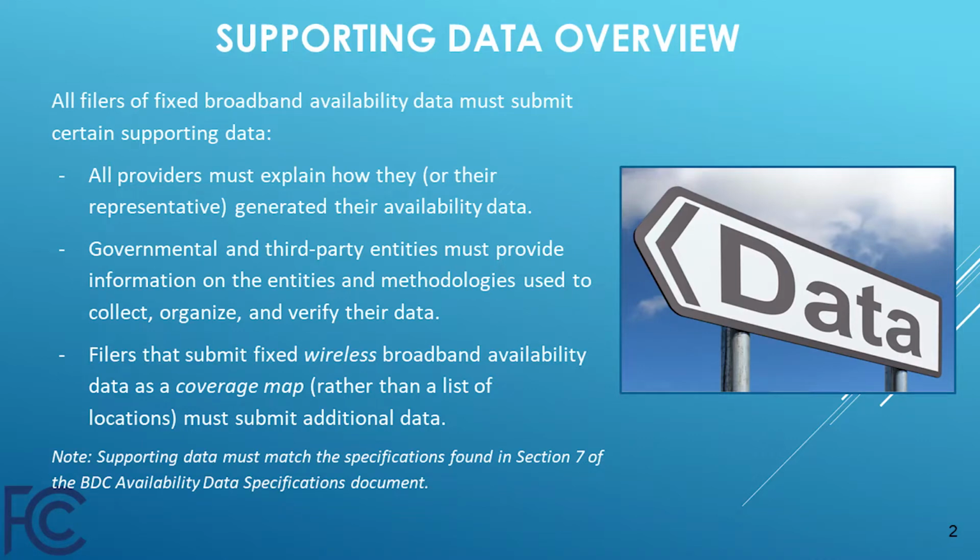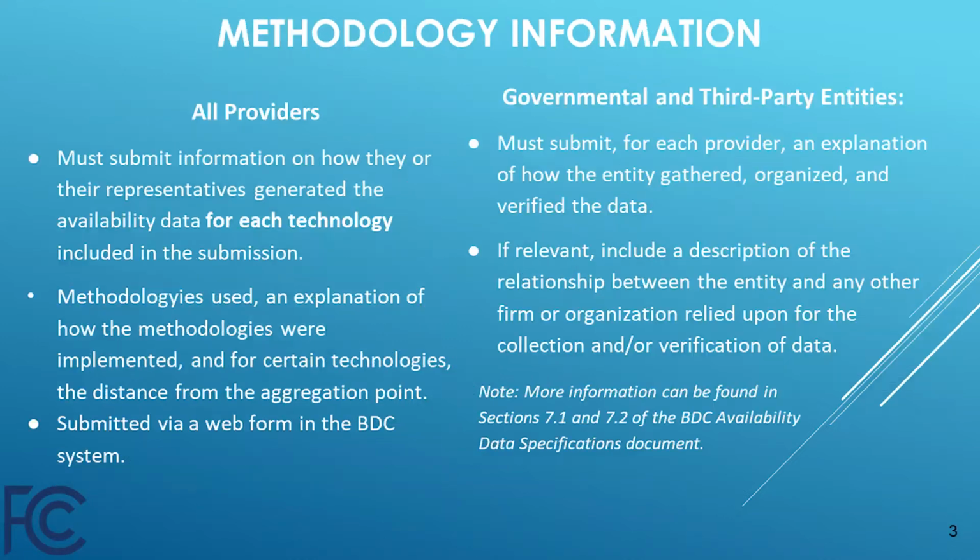All of the supporting data must match the specifications found in Section 7 of the following document: the BDC data specifications for biannual submission of subscription, availability, and supporting data, availability data specifications document, also referred to as the data specifications document. So please look there for additional information.